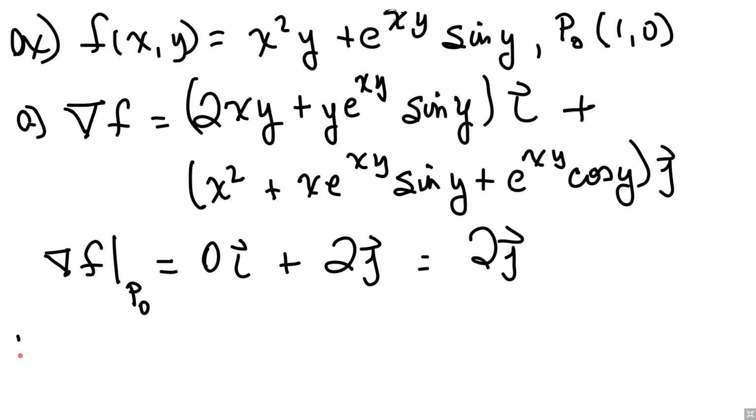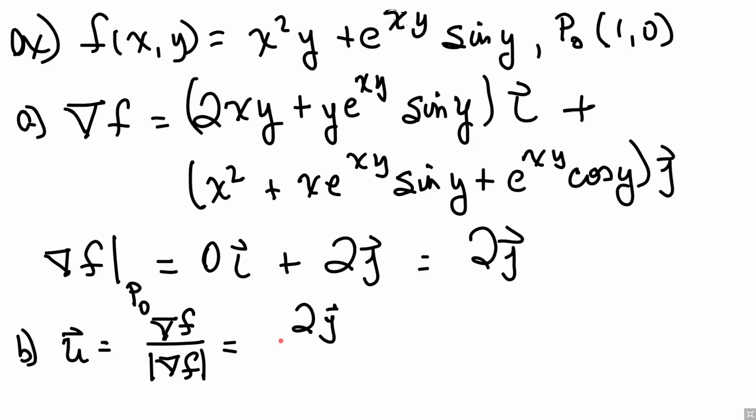All right, so part B, we're going to find a unit vector for the gradient of f. The unit vector is going to be the gradient of f over the magnitude of the gradient of f. Well, the gradient of f is equal to 2 in the j direction.